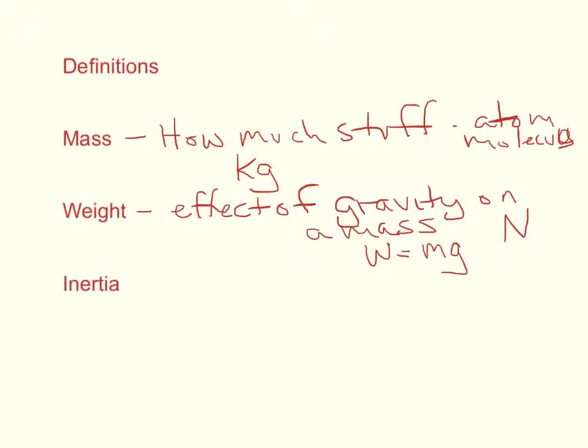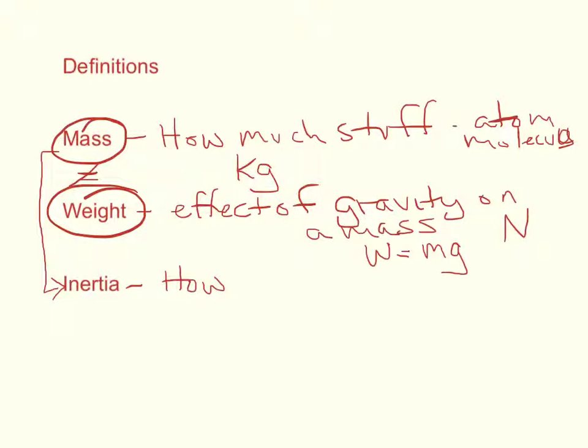Now, the reason I'm emphasizing this is that mass is not the same thing as weight. However, mass is directly connected to inertia. Inertia is how much an object resists changing motion.